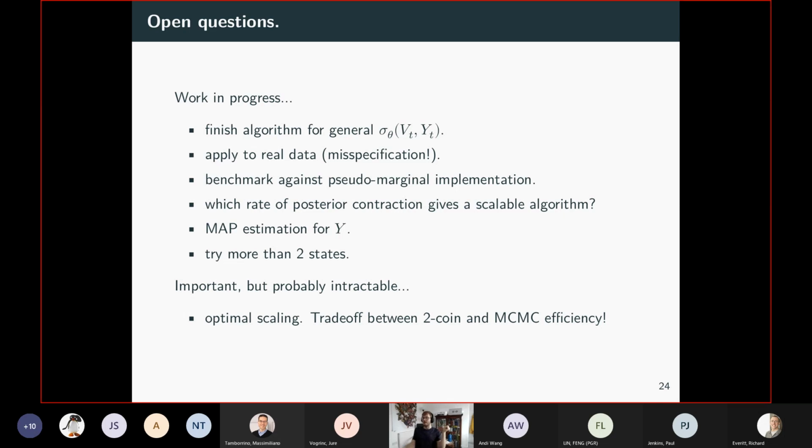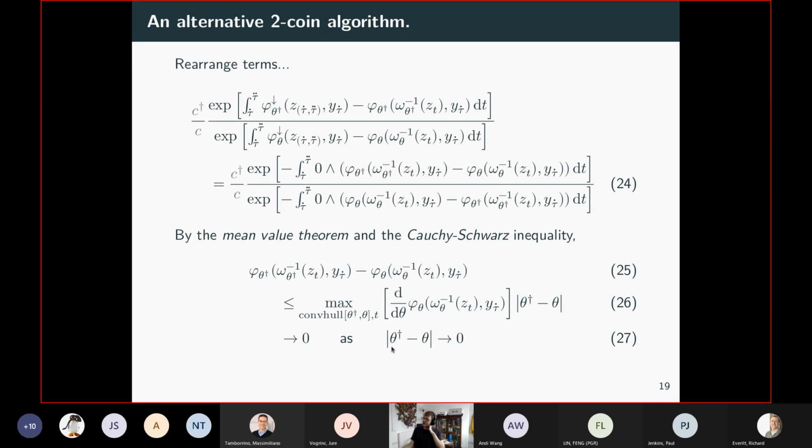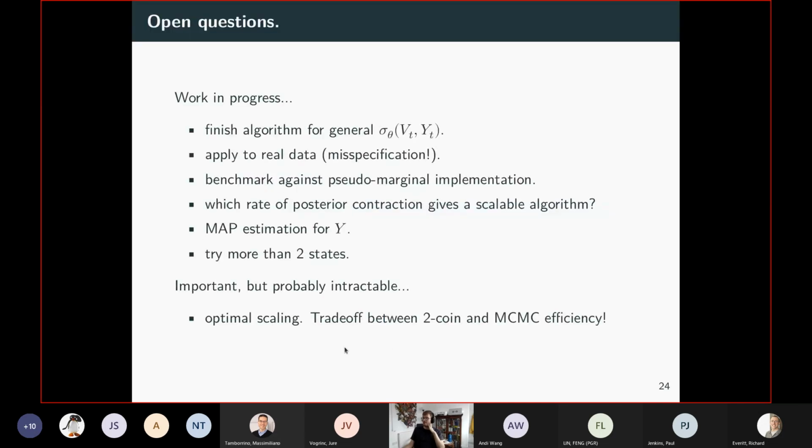Another question that is quite important, but probably utterly intractable, is the optimal scaling of that algorithm. So that would be the typical size of that difference between theta dagger and theta, where for the ordinary Barker algorithm, the optimal acceptance probability of the proposal is, I think, 0.17, which is a bit smaller than for the Metropolis-Hastings, where it's 0.234. But a larger step actually is going to slow down the two-coin algorithm.